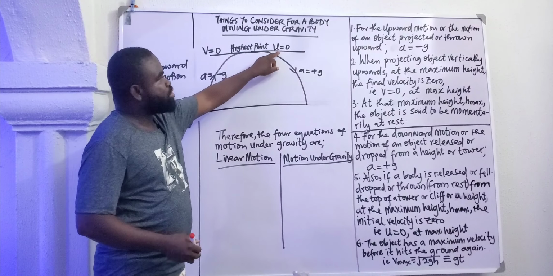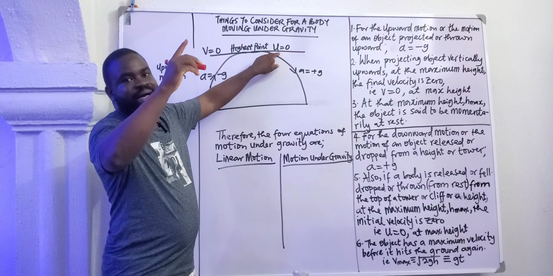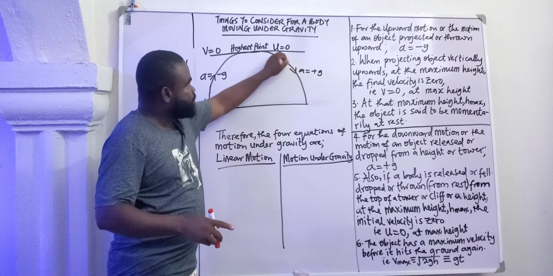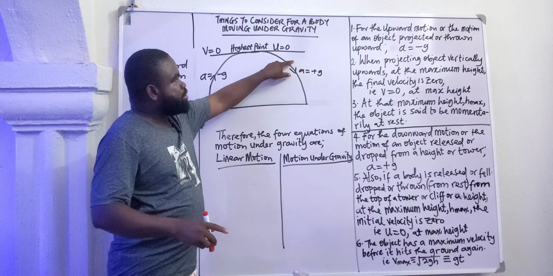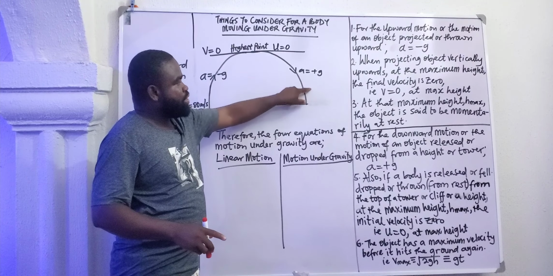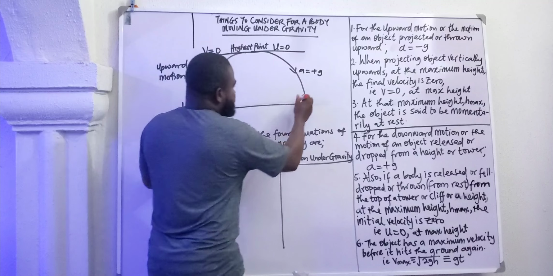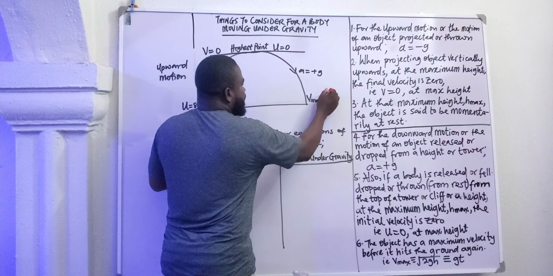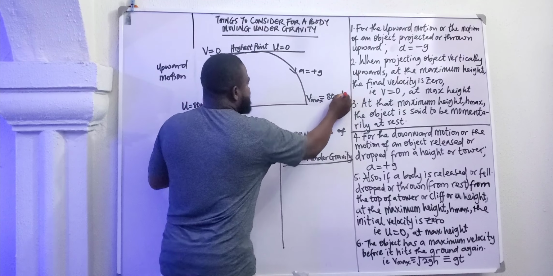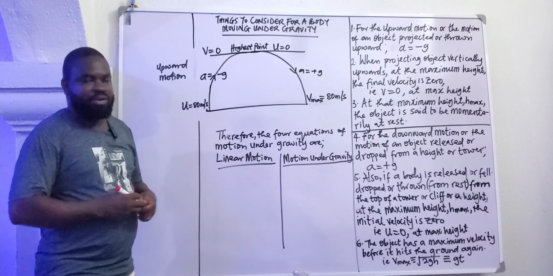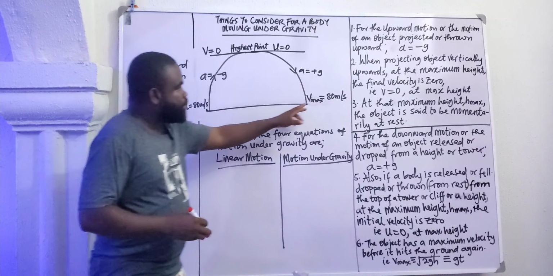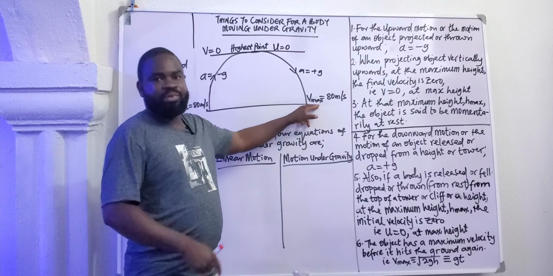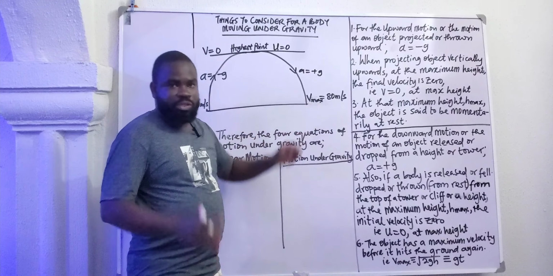So we are saying that the velocity of that body released from a height, released from the top of a mountain, increases from 0 to 10 to 20, 50, 70, and becomes maximum. That is, that 80 meters per second we use here, it will be maximum before it hits the ground. Again, take note of that.